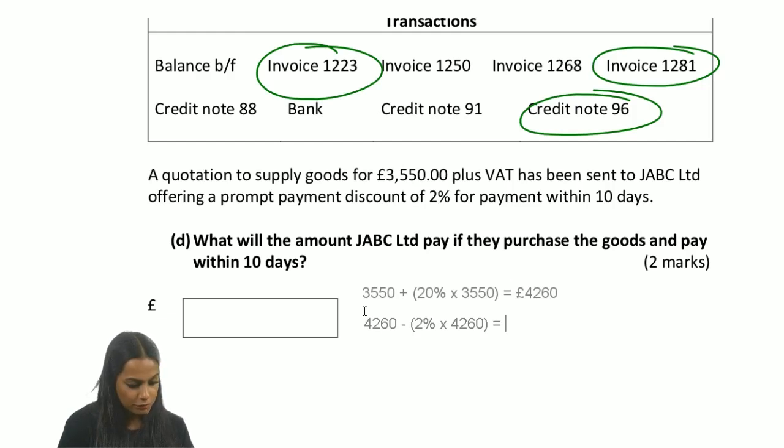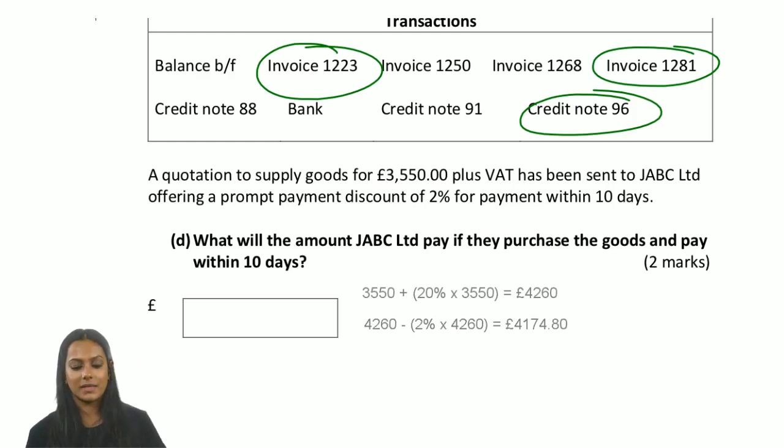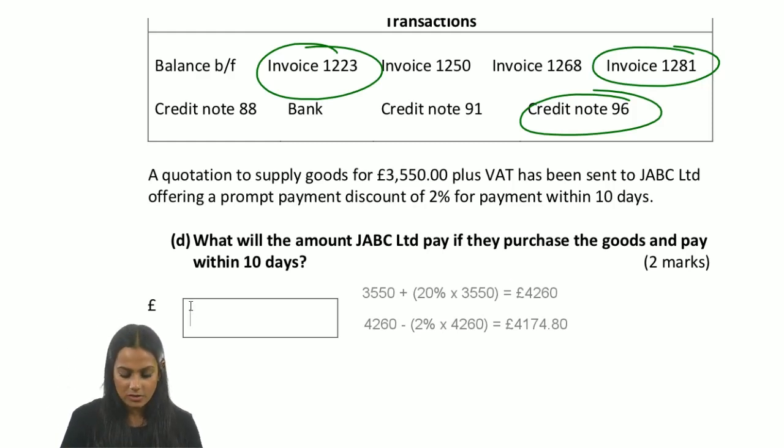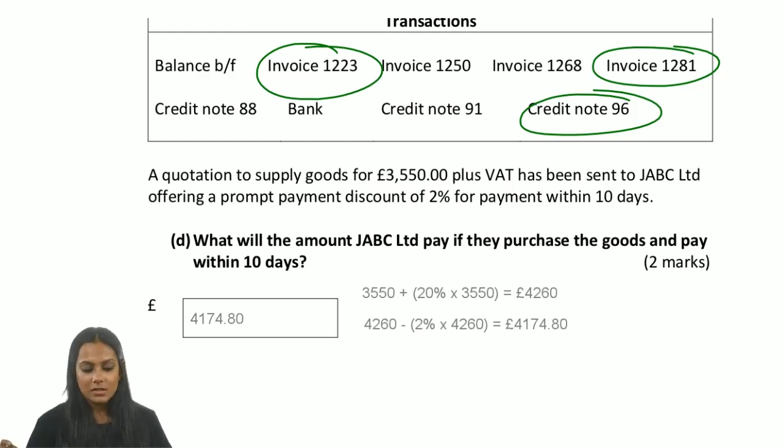That gives me 4174.80. And that is the amount that JABC will pay if they pay within 10 days. Okay, so let me just finalise the question before I talk about weaknesses that students would face here. 4174.80. There we go. So I've completed the task and I've got full marks.